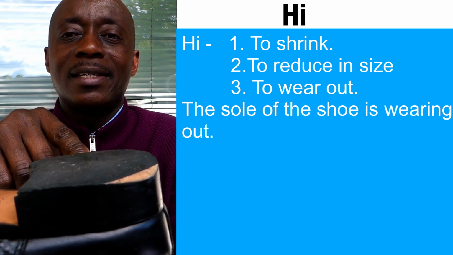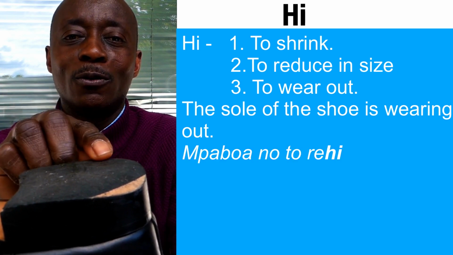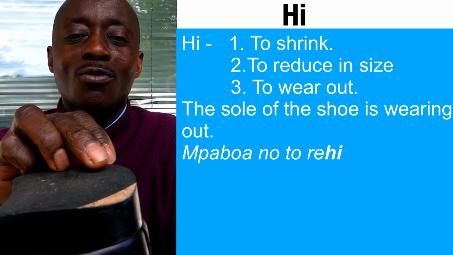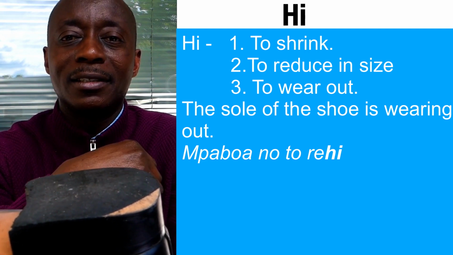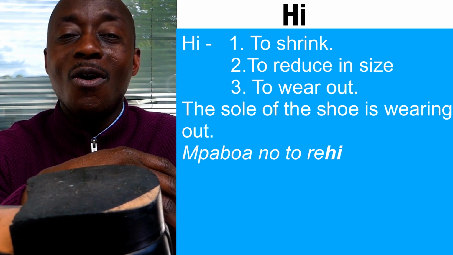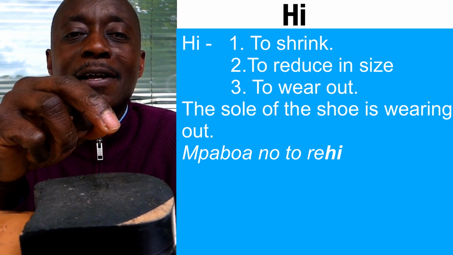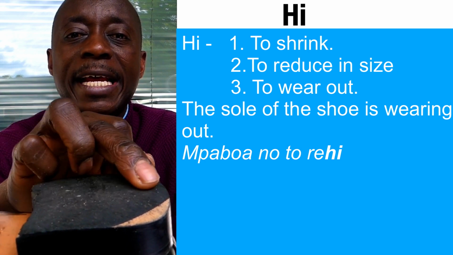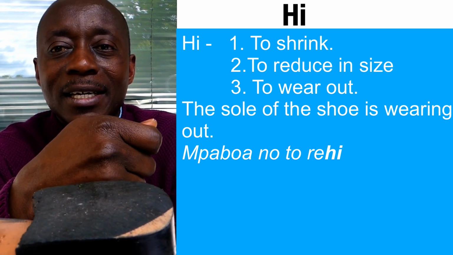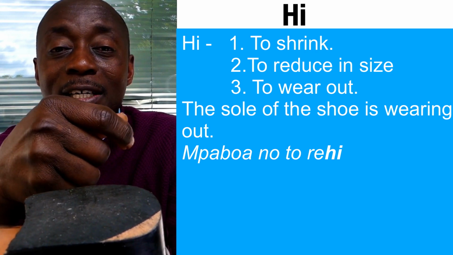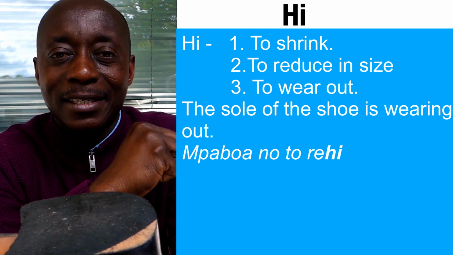So in this instance, I can say mpaboa no to. A to in Twi could mean the end part of something, or the bottom of a man. So I would say mpaboa no to rehi. That means the sole of the shoe is wearing out or is reducing in size.